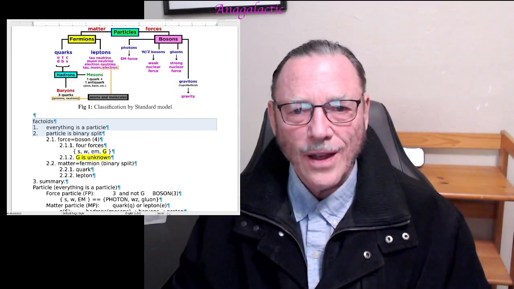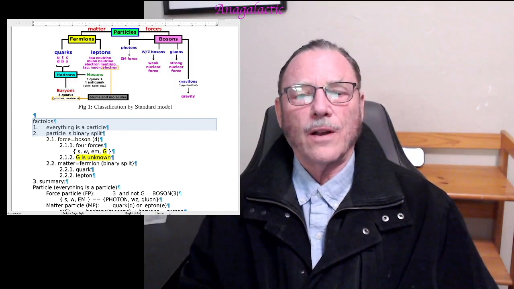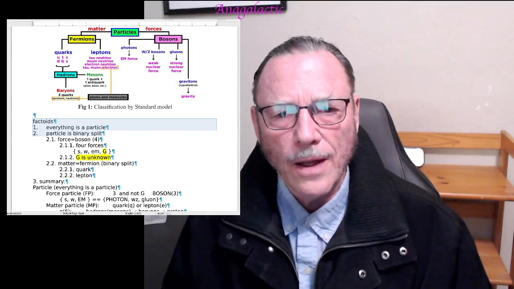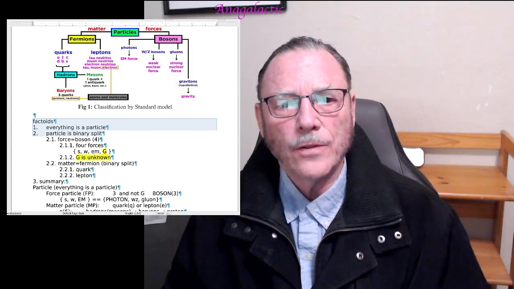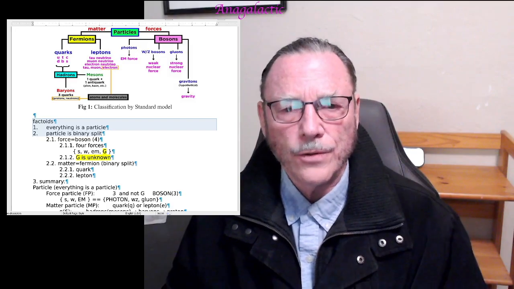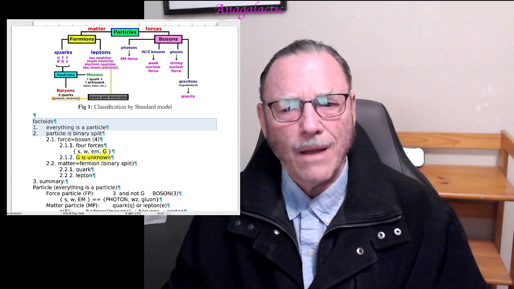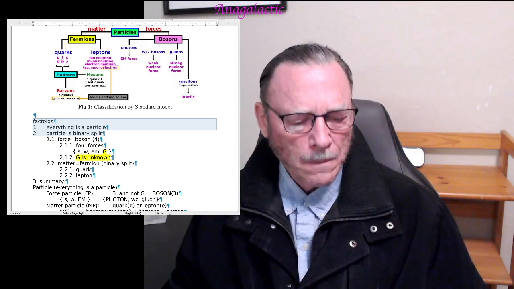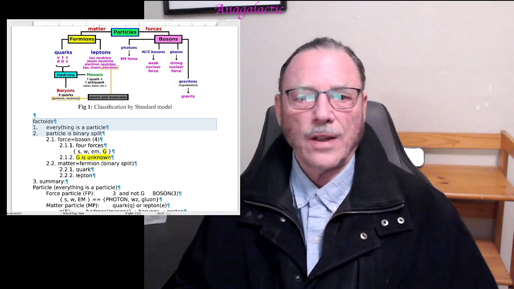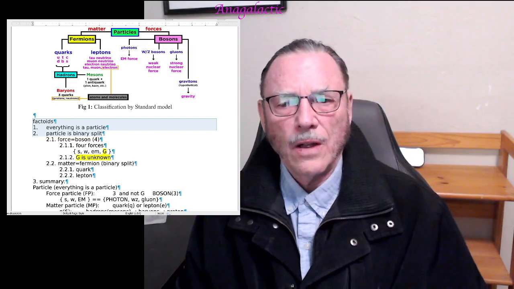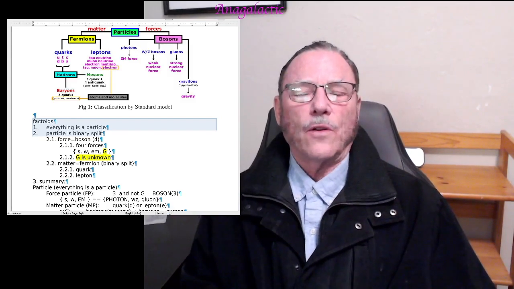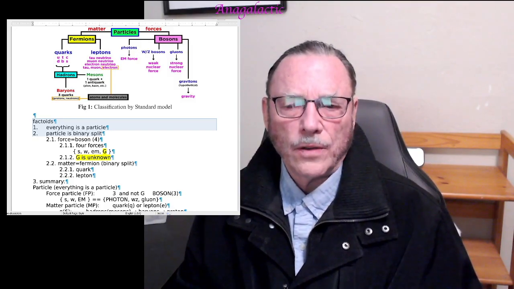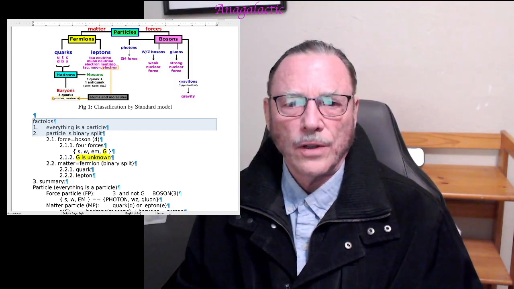And you'll see that on the two lines that come out from the green box saying particles, to the left it says matter. And so it's referring to matter particles or mass particles, but they don't say mass because they use the term mass differently than is accepted in classical physics. So this deviates almost at every single level from what is known and accepted and what is actually true.